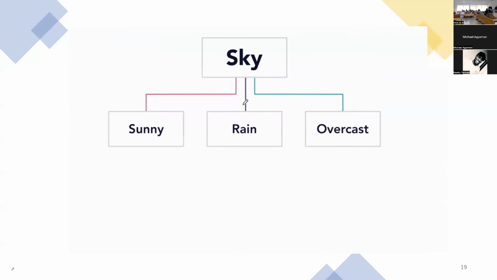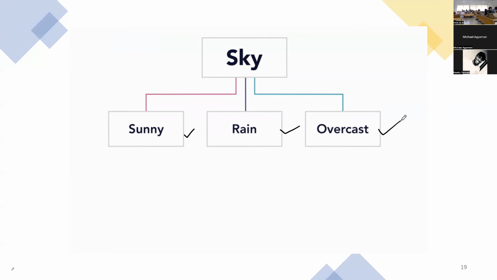So from sky we've got sunny, rain, and overcast as branches. These are the three possible outcomes from sky to the next level. Can I double check, are you okay with this, Faith, and happy for me to continue?